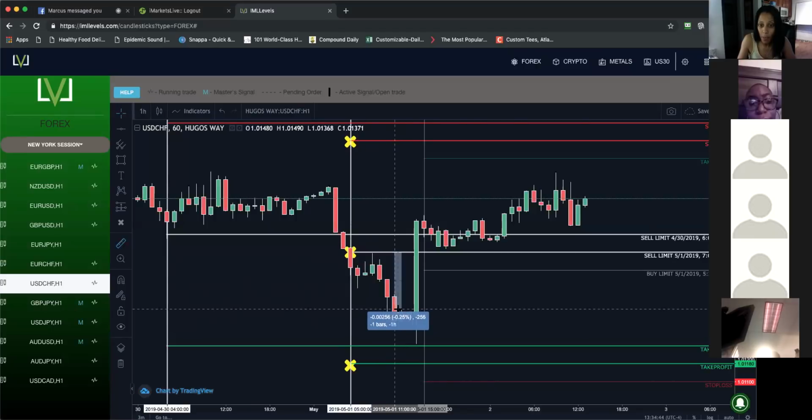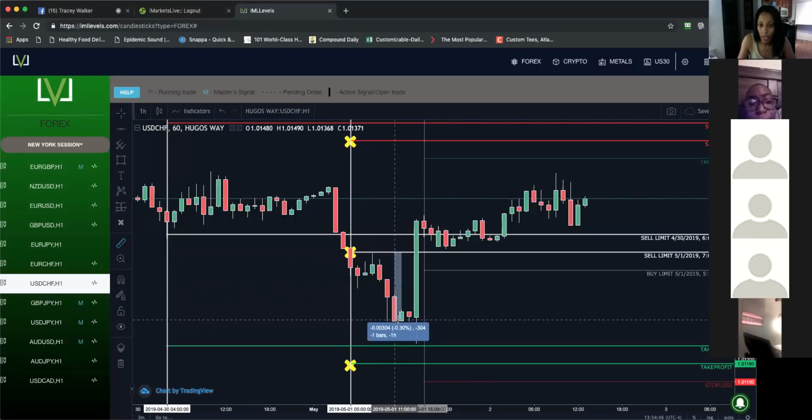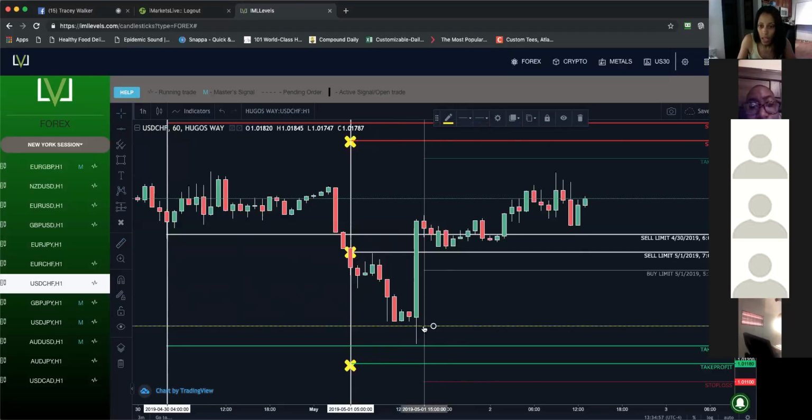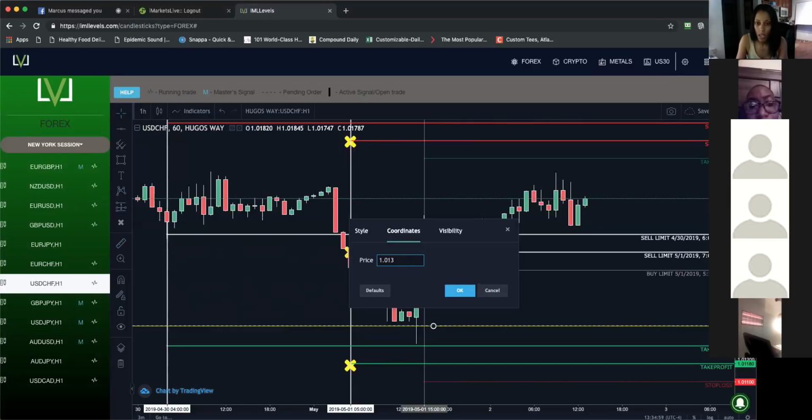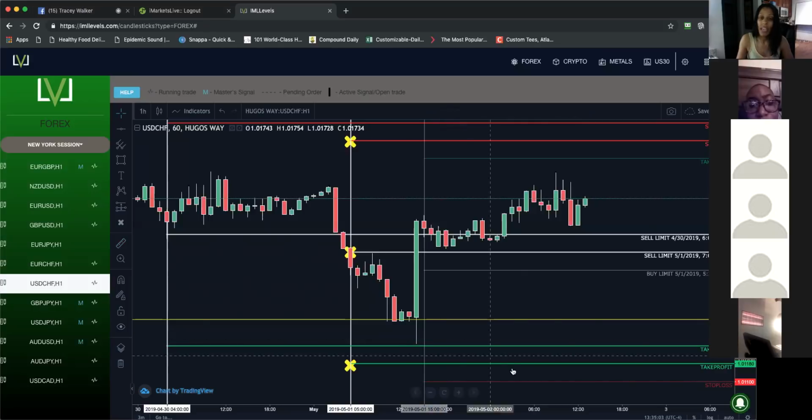Here's 25 pips right here, and here's 30 pips, easily 30 pips, right here. Let's see, 01378. That's 30 pips.